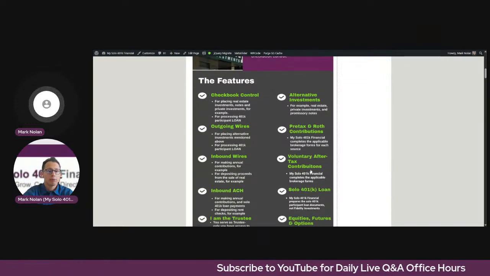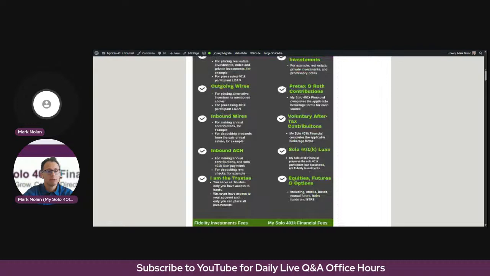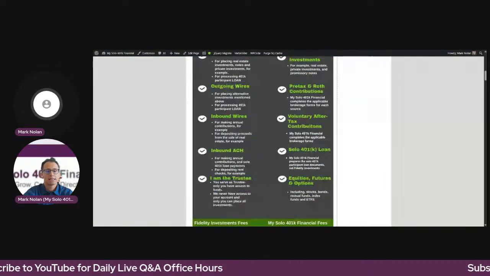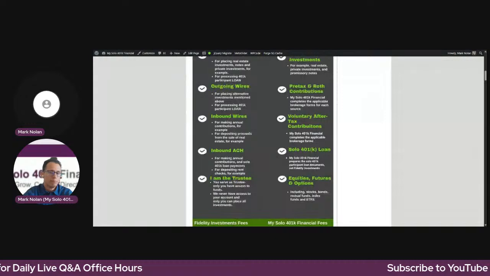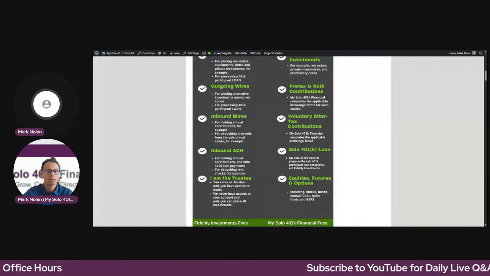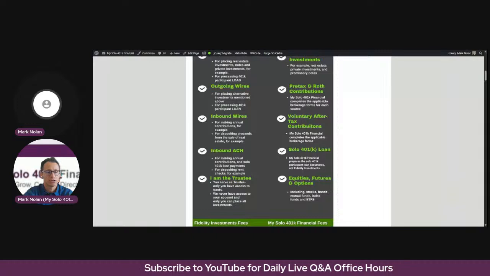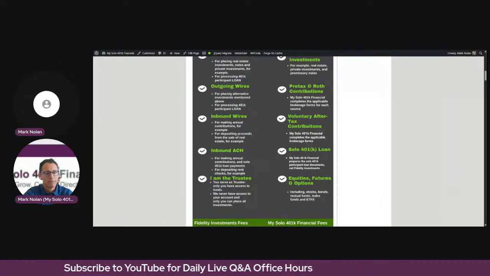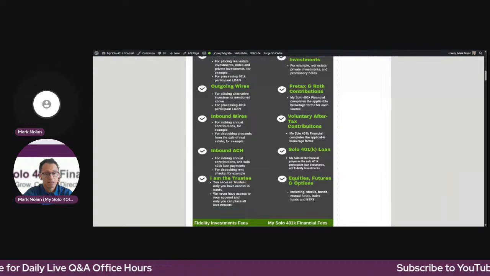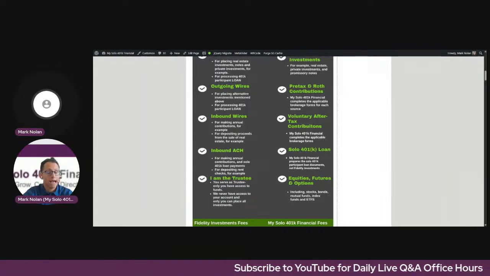You're going to be able to process that participant loan. The actual proceeds will come from that Fidelity non-prototype investment-only brokerage account that's set up for the solo 401k from my solo 401k financial. You'll be able to borrow from those funds by writing a check, because Fidelity will provide a checkbook, or you can have the funds wired out.